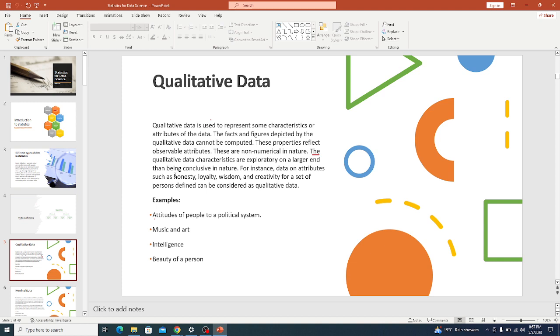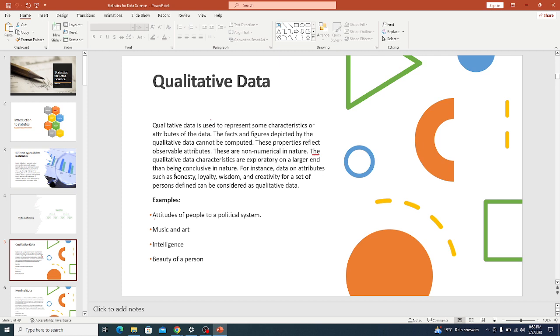For example, now we are having UDA in Kenya, and of course everyone has a different attitude toward the government. So we can term that as qualitative in nature. Also music and art, intelligence.